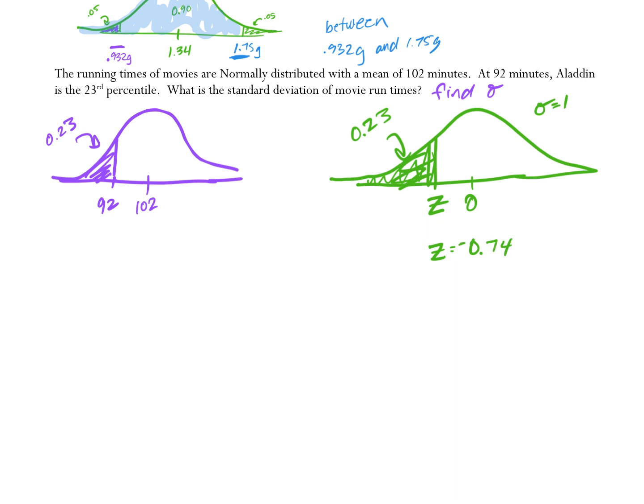Negative 0.74? Great. And picture-wise, that means this distance is 0.74 standard deviations, which also means this distance has to be 0.74 standard deviations.